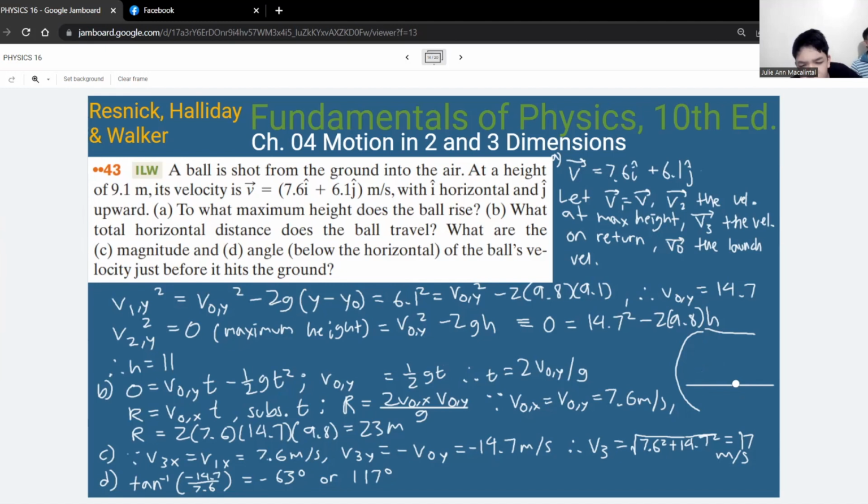Yung isa, moving into the ground. So yung 117, that's actually not moving into the ground. It's actually moving away from the ground. So yung arrow, paakyat na ganyan. Yan yung 117. Tapos yung isa, yung going into the ground, that's negative 63.